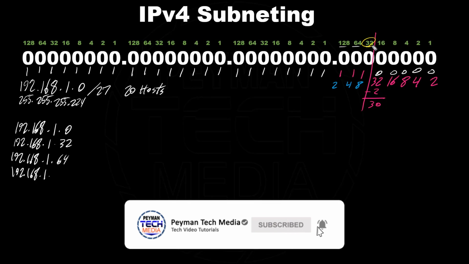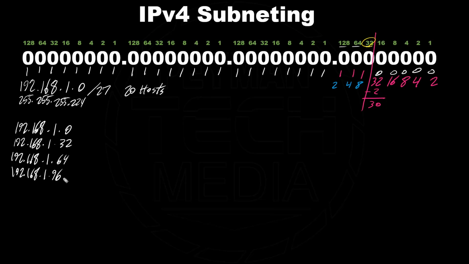Next one would be 192.168.1.64 plus 32, 96. And if we continue incrementing by 32, right? So 192.168.1.128. 128 plus 32 is 160. So 192.168.1.160. 160 plus 32, 192.